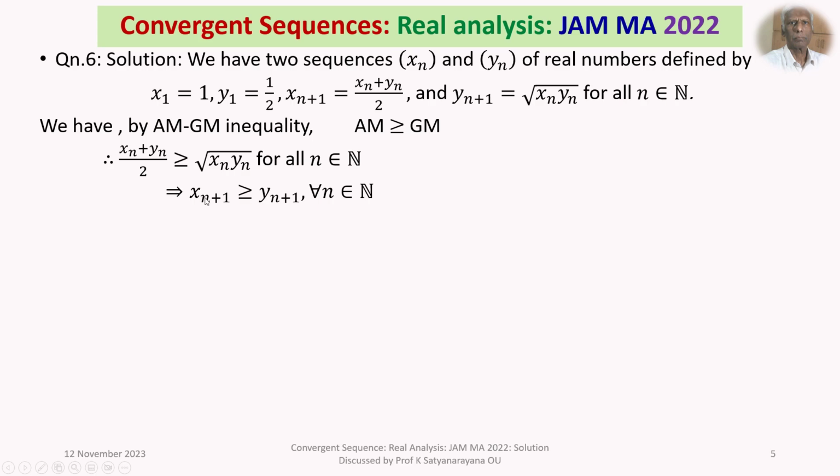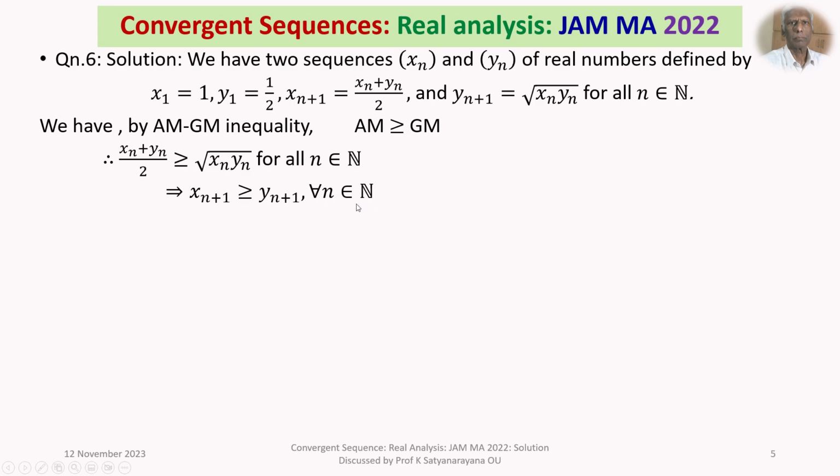This implies xn plus 1 is greater than or equal to yn plus 1 for all n belongs to N. That means when n is equal to 1, x2 is greater than or equal to y2. When n is equal to 2, x3 is greater than or equal to y3, and so on.